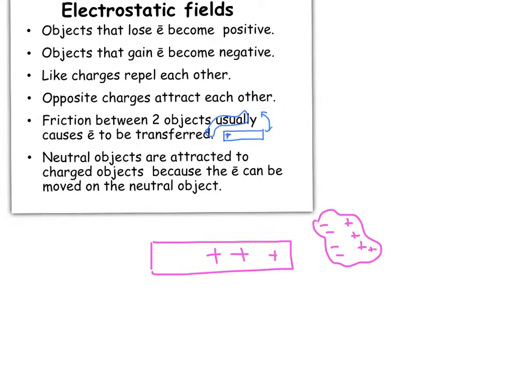And even though overall this is neutral, it will still land up having a slightly negative side and a slightly positive side. And then you will have a force of attraction between the positive and negative. So neutral objects are attracted to charged objects.